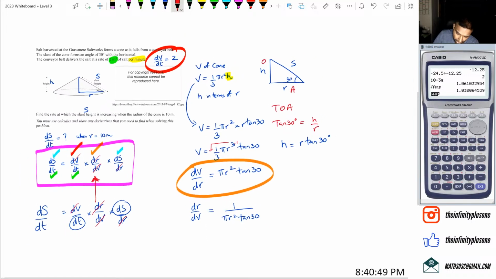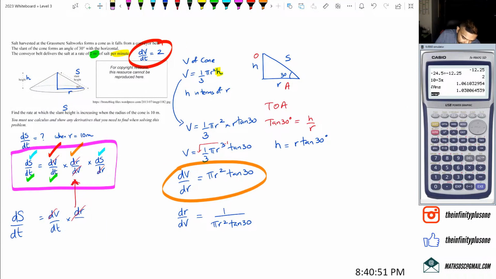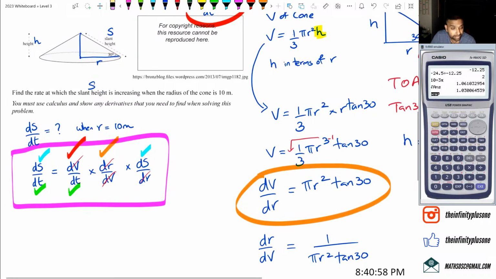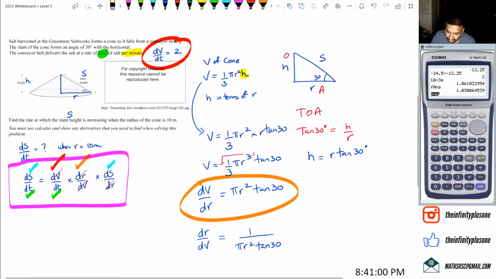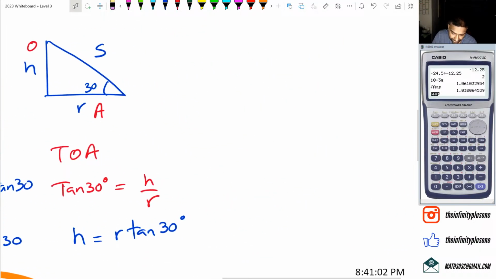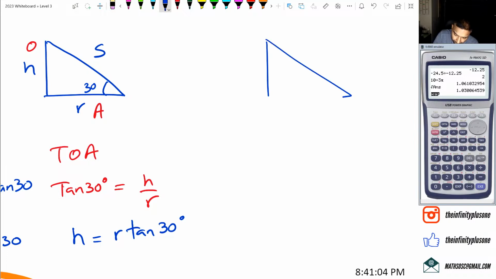Yep, sweet. Okay, so now that that part's done, what else do we need? We need our last bit, which is ds/dr. So we're going to go back to our triangle again, and this time we need s in terms of r. That's going to become adjacent over hypotenuse.